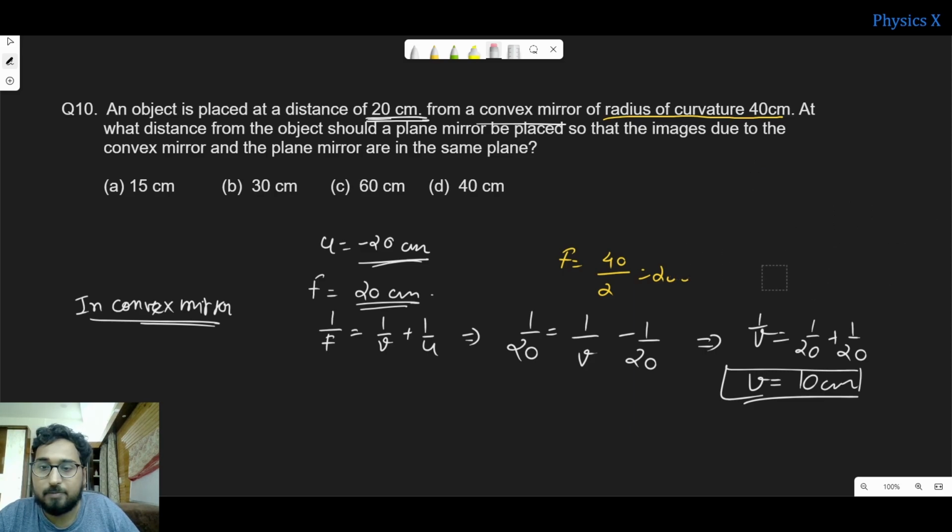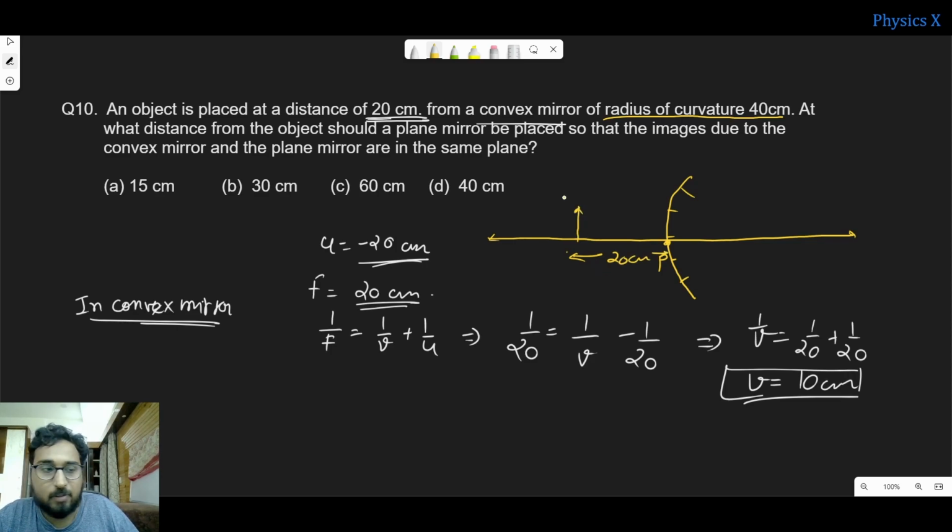One second. This was your convex mirror, right? This was your pole. This is your principal axis. And I told you that this is going to be your 20 centimeter. Here the object is placed, right?